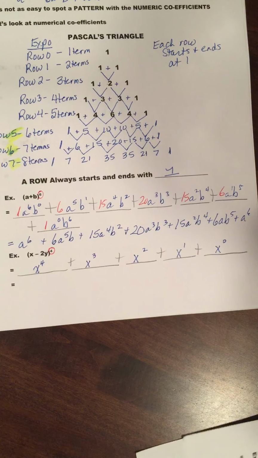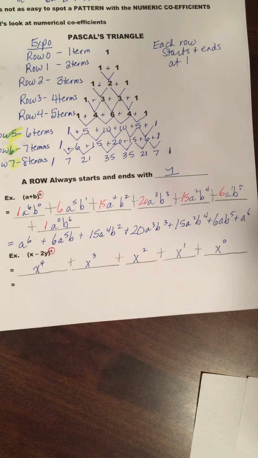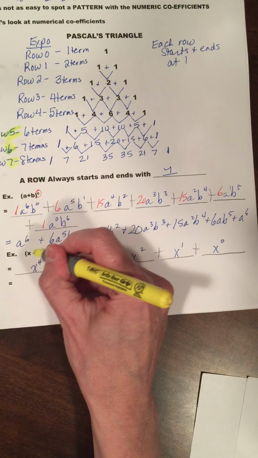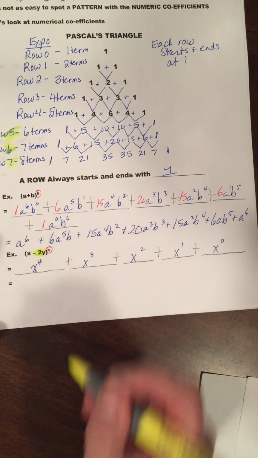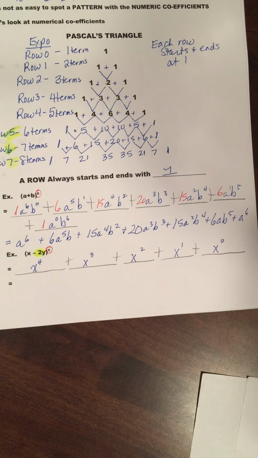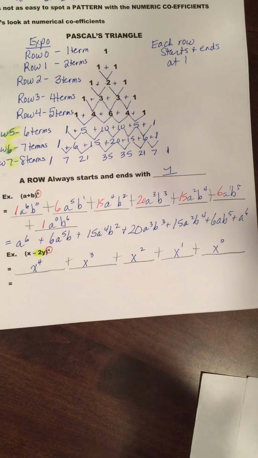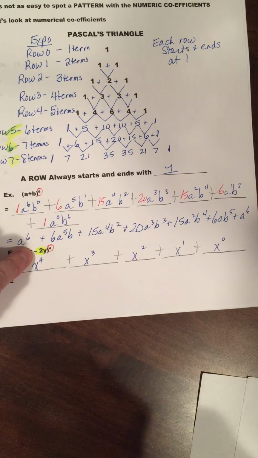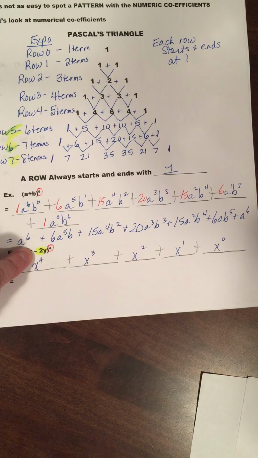Now, why I'm slowing down on this particular example is we have never seen anything in a question so far that's been a negative. Everything that we have done has had plus b, plus. So my second term is the entire yellow highlight.